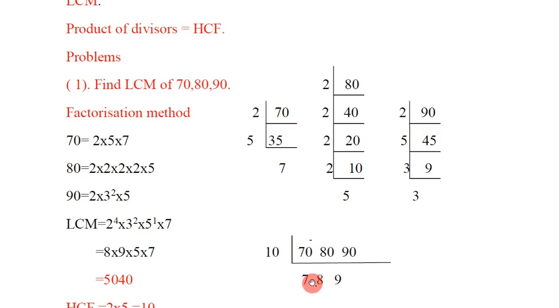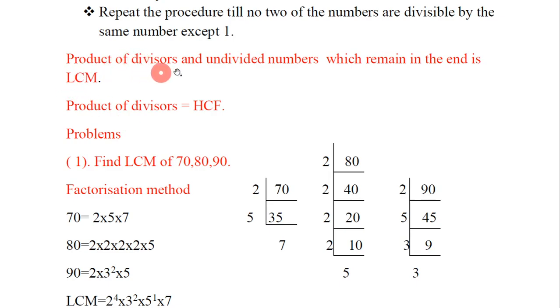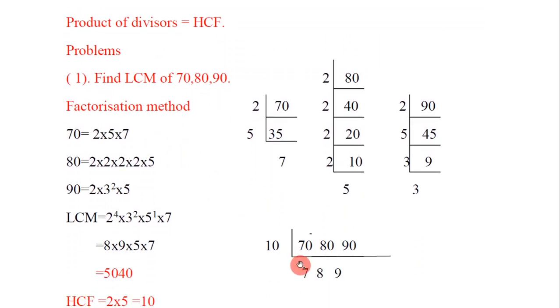We can see that no 2 of the numbers is divisible by a number. So you stop this process. Then from this, how to find LCM and HCF? Then the rule says that LCM is the product of divisors and undivided numbers which remain in the end. That is product of divisors 10, and these are undivided numbers at the end. So 10 into 7 into 8 into 9.